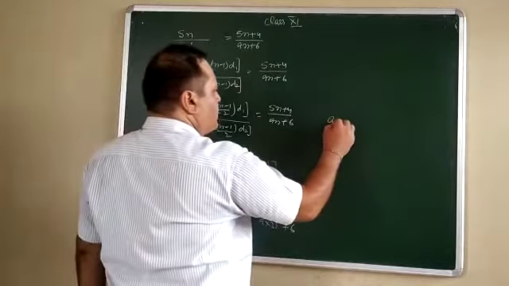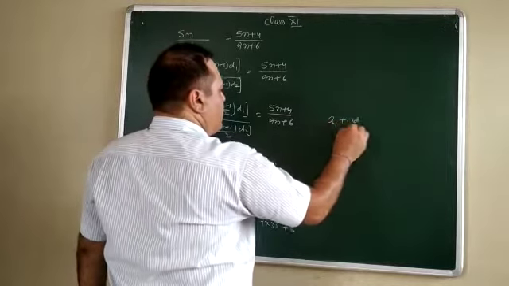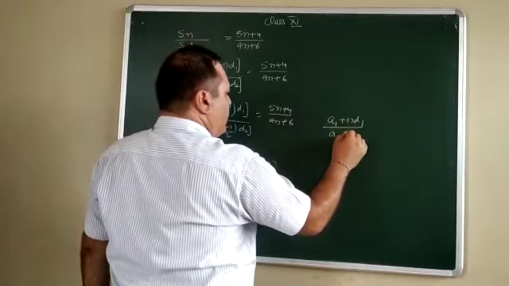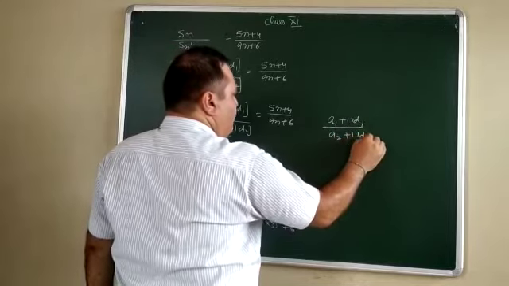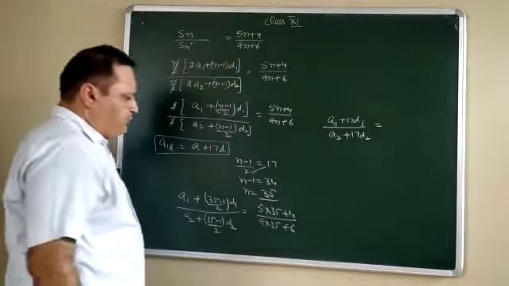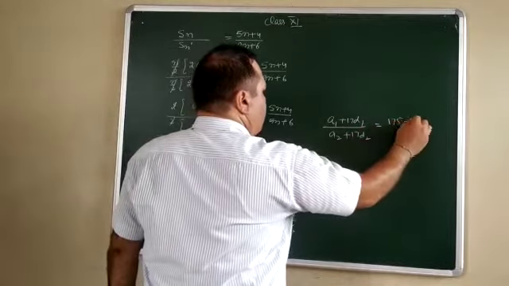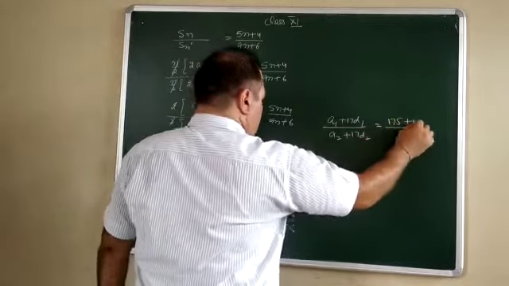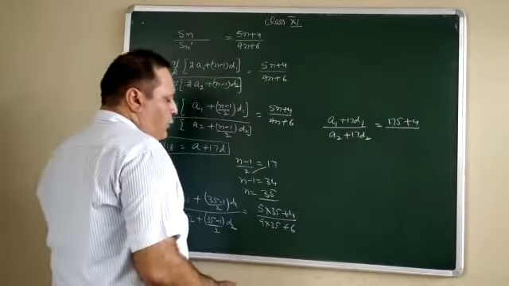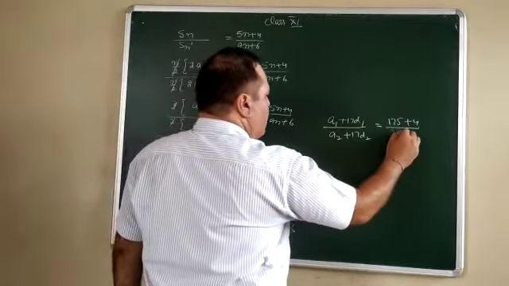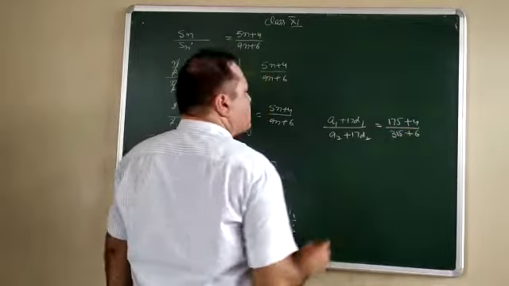So it becomes a1 plus 17 d1 upon a2 plus 17 d2, is equal to 35 into 5, 175 plus 4, upon 35 into 9, 315 plus 6.